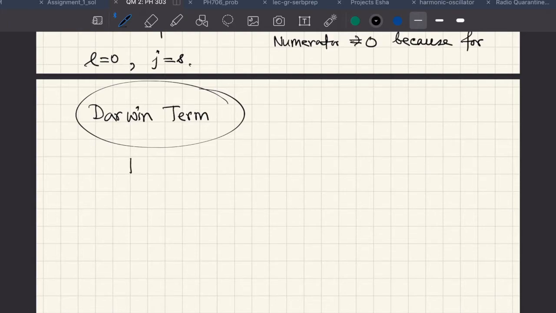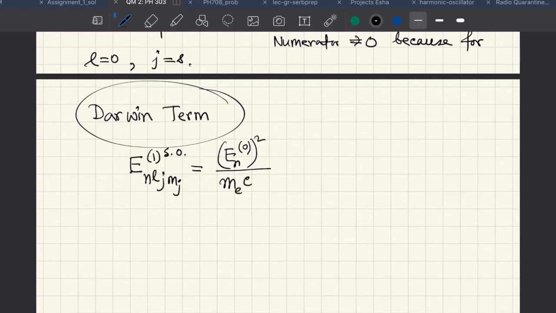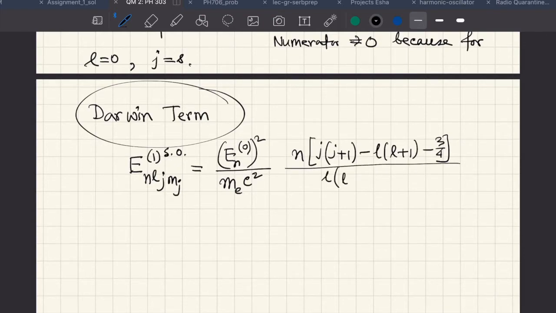So let us start with this expression: E1 spin-orbit for n, l, j, m_j equals En0 whole squared, divided by m_e c squared n, into j(j+1) minus l(l+1) minus 3/4, divided by l into (l plus half) into (l+1). Let us say for the time being l is not equal to 0.